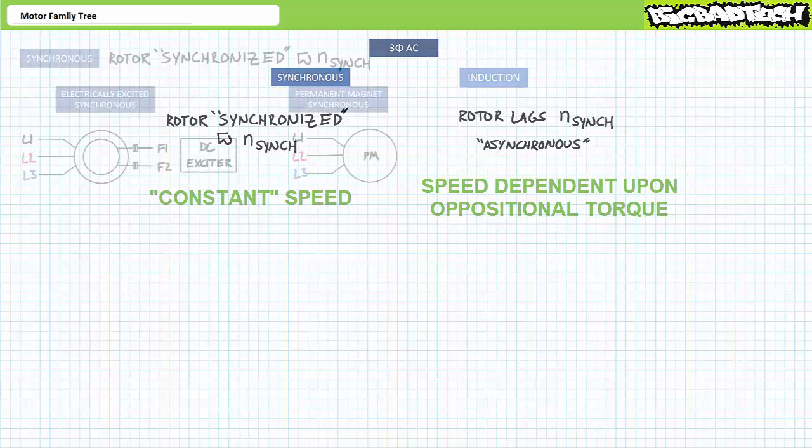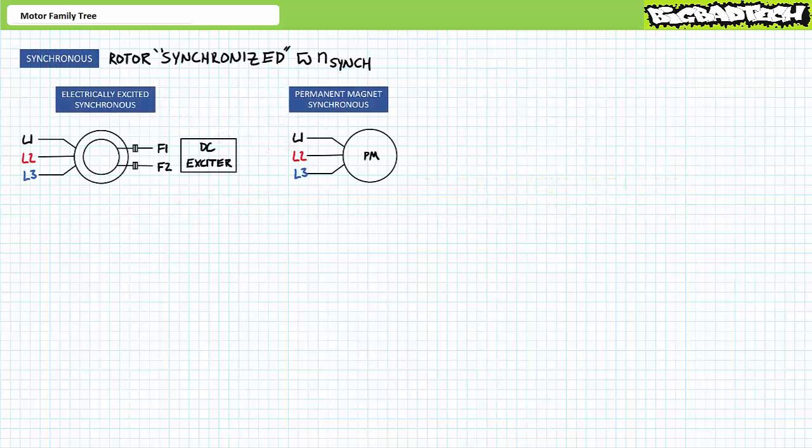Let's compare and contrast the two basic types of synchronous motors: electrically excited synchronous motors and permanent magnet synchronous motors. Both these motors make use of a rotating magnetic field on the stator, and inside their operational range, we should expect the rotor speed to remain synchronized or to perfectly match the synchronous speed of the stator.